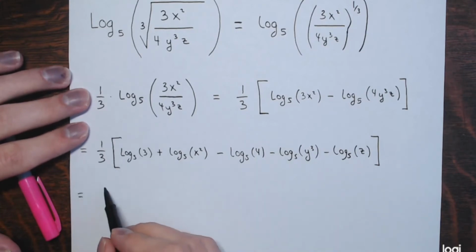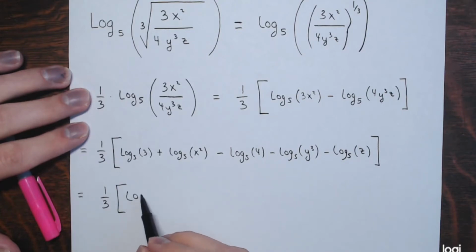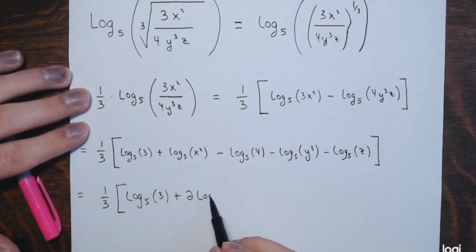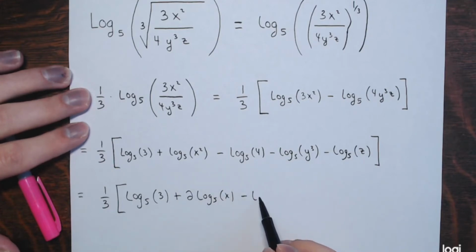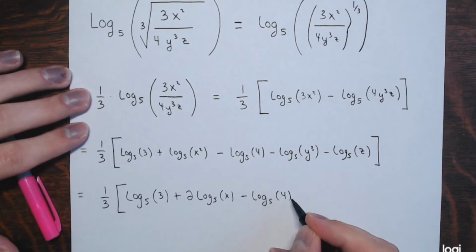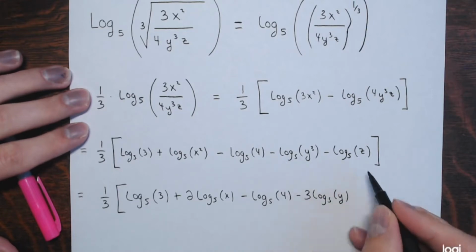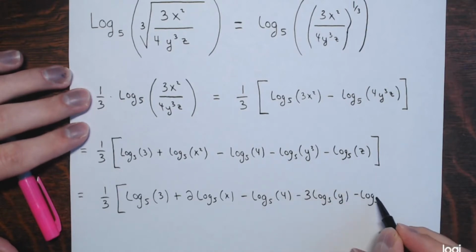All right, so I'm just going to write it this way. 1/3 times the quantity, log base 5 of 3, plus, and then 2 times the log base 5 of x, minus the log base 5 of 4, minus 3 times the log base 5 of y, and then minus the log base 5 of z.